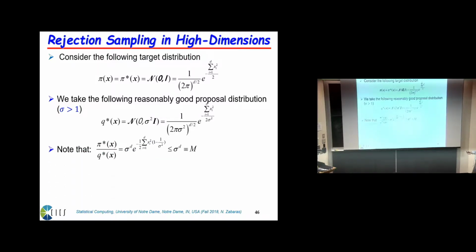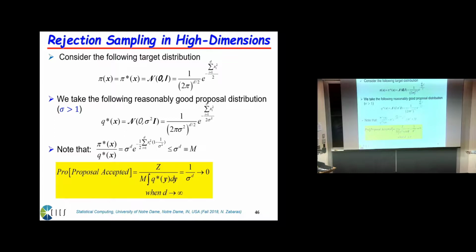I take the ratio pi star over q star, and you can show that this is less than 1, that exponential. So really this is bounded by sigma to the power d. That's our constant m. Straightforward, there's nothing there. Everything cancels out and you get sigma to the power d, and the two exponentials combined give you less than 1. So the constant is sigma to the power d.